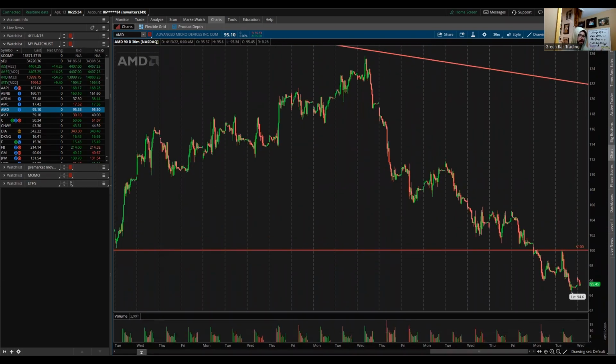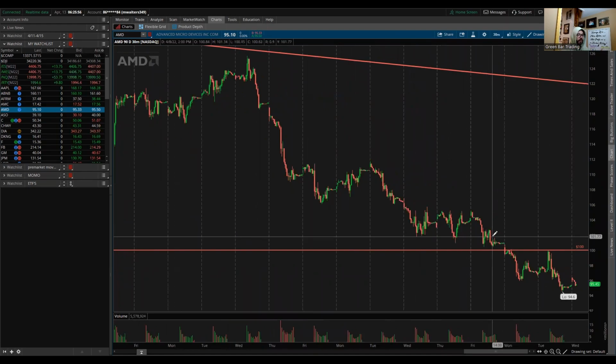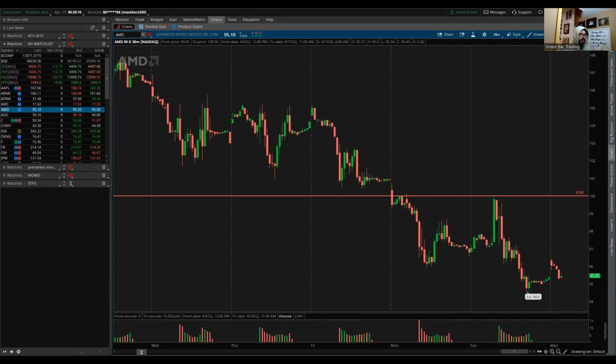Coming into this on yesterday, we saw the break on Monday when the market was gapping down. The break on Monday, a lot of traders got in short here. You see a little bit of a bounce, and then we started to come back and retest that 100 level.